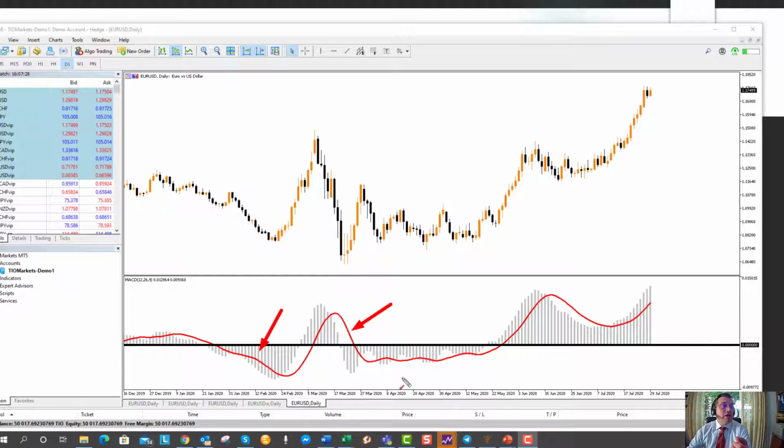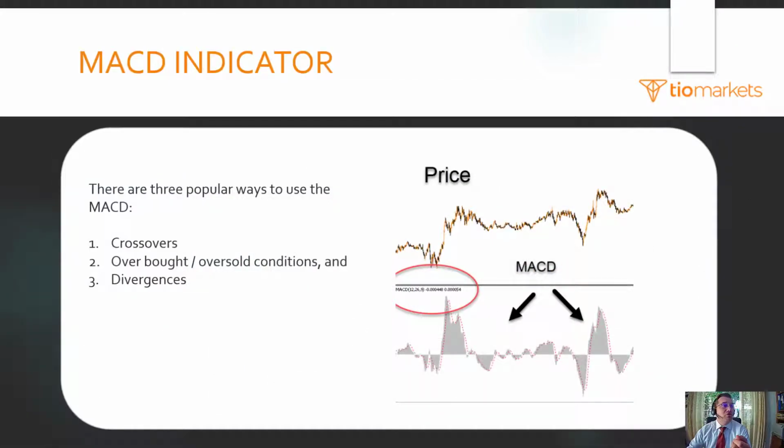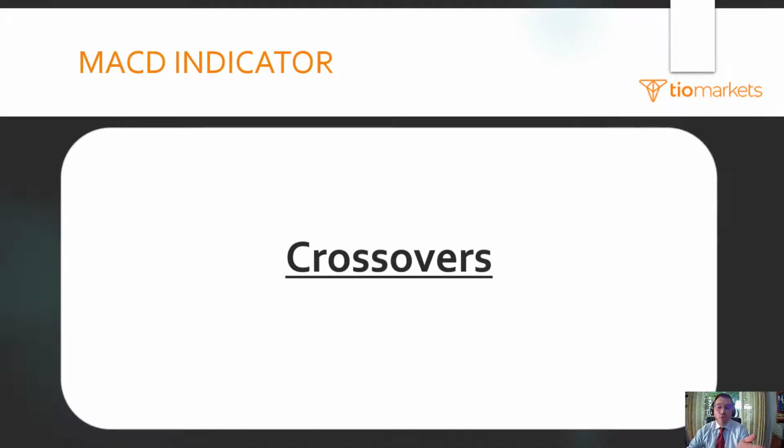This gray area is your MACD, and the red line we have here is the signal line. A MACD crossover would be that the signal for a buy is when the MACD crosses above the signal line. Let's get into that in just a few seconds. The other two are overbought and oversold conditions, and divergences.